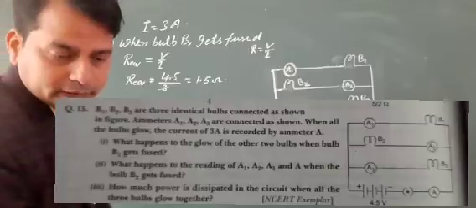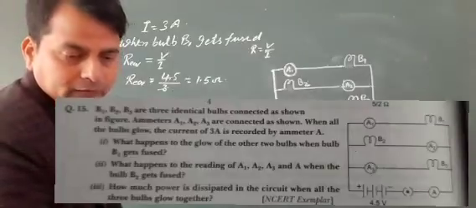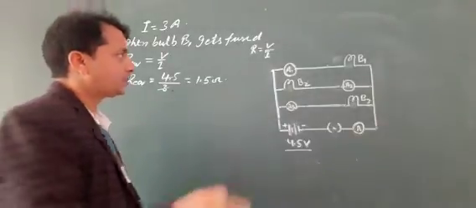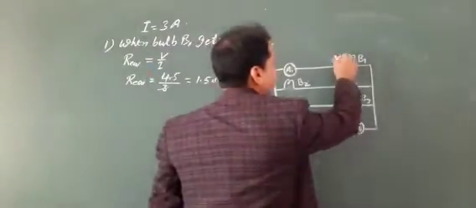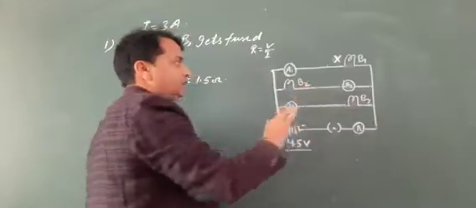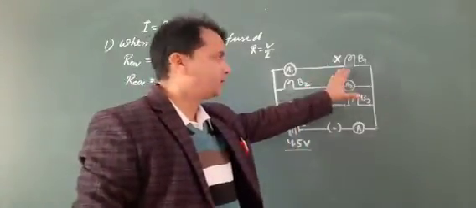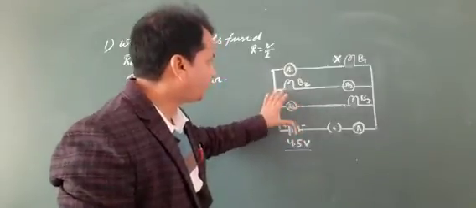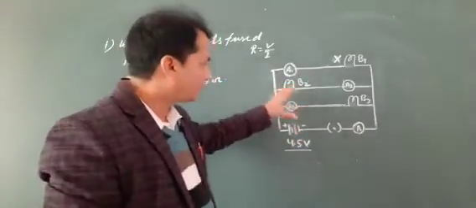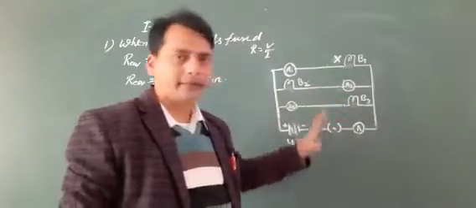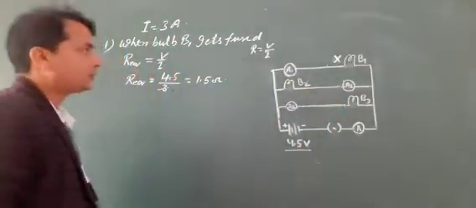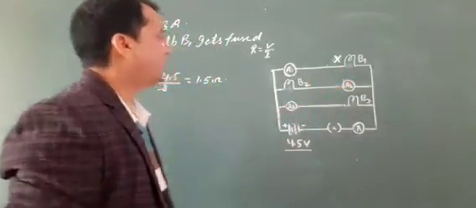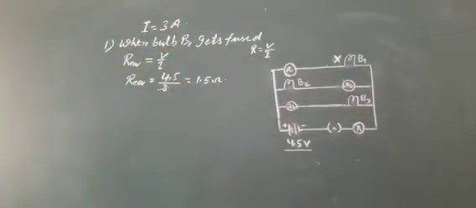So the first question is, what happens to the glow of the other two bulbs when bulb B1 gets fused? In this circuit, when bulb B1 gets fused, what is the effect on the other two bulbs, B2 and B3? Here B1, B2 and B3 are connected in parallel combination.